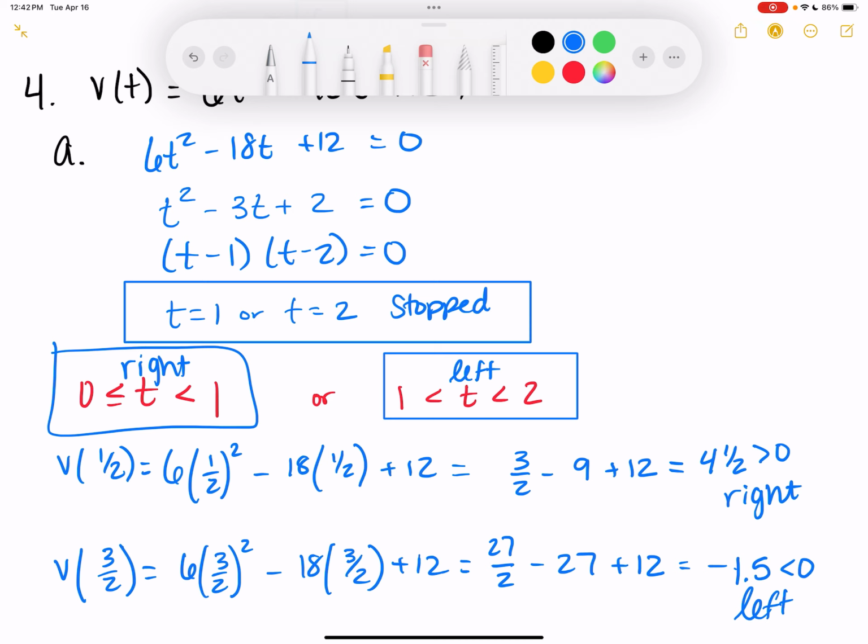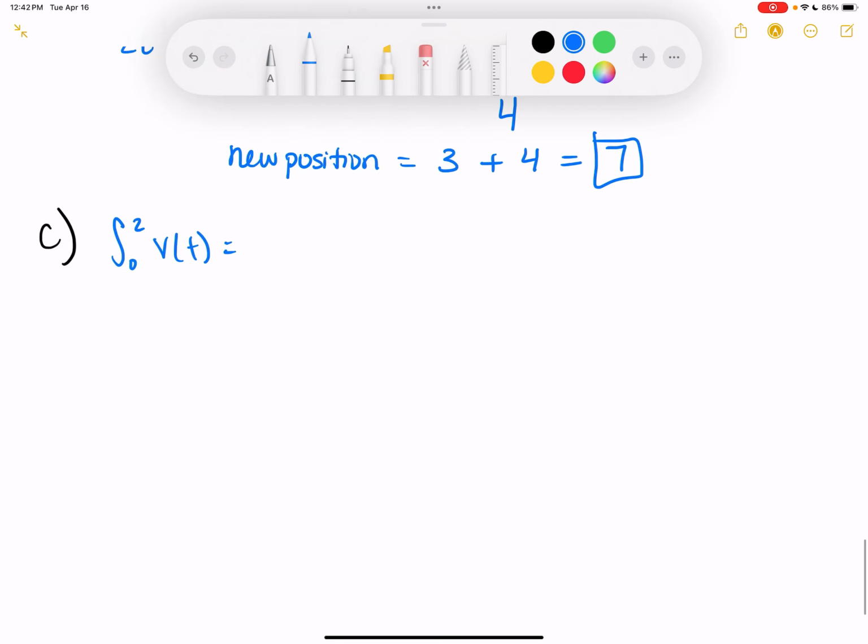So from 0 to 1, and then it'll be minus because of the left from 1 to 2. So integral from 0 to 1 of 6t squared minus 18t plus 12 minus the integral from 1 to 2 of 6t squared minus 18t plus 12.